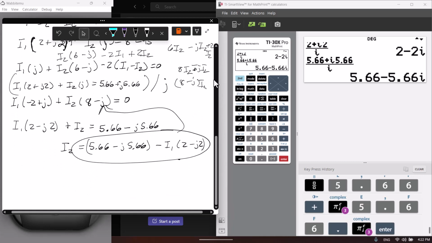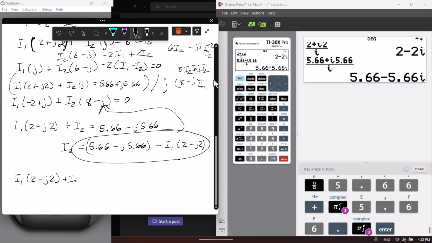So then I1 times (2 minus j2) plus I2 plus 5.66 minus j5.66 minus I1 (2 minus j2) equals, oh, that doesn't seem right.